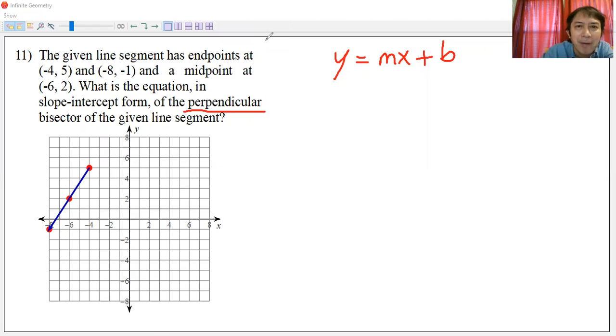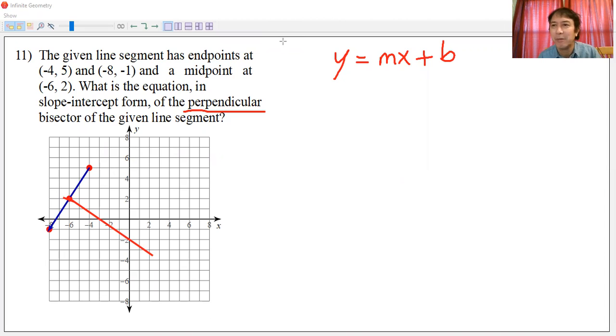Approximately it should be this line here, like that. It cuts the segment at the midpoint. Perpendicular means it is at right angles to the blue line segment. So how shall we approach the problem? We need a point and the perpendicular slope, of course.